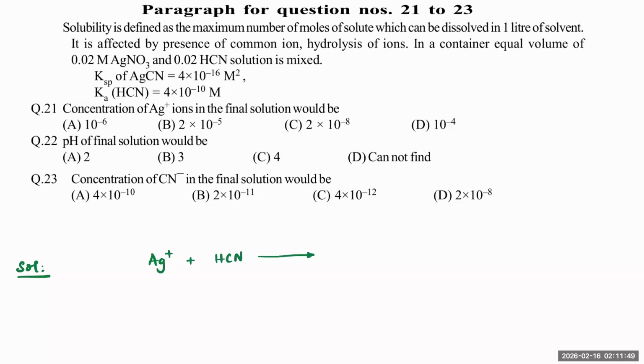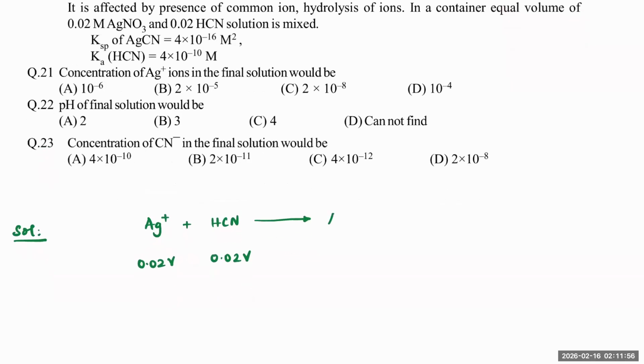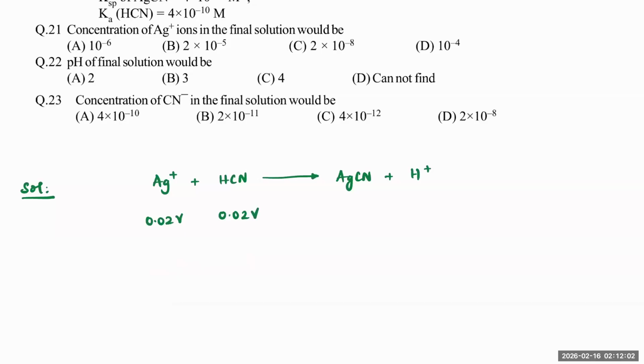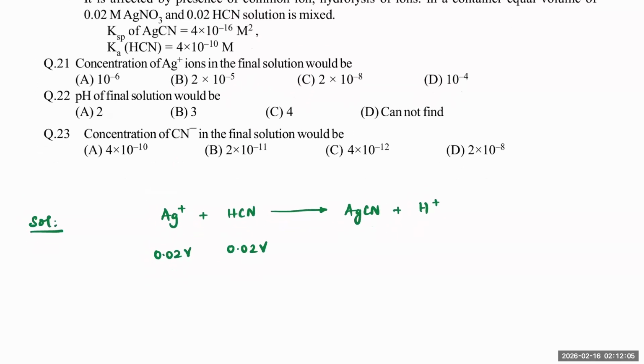If you compare these two, this will be 0.02 into V, 0.02 into V. Correct. So that makes it AgCN plus H plus here, or I can write it as HCN amount here given, so that total amount will be consumed.